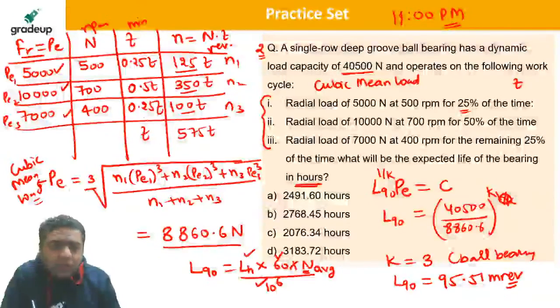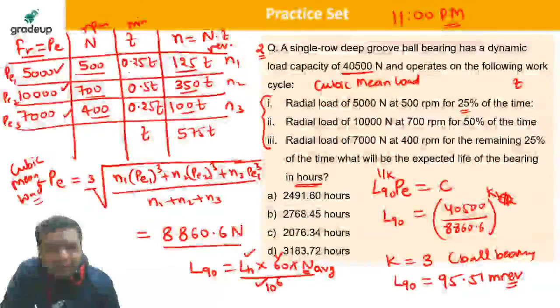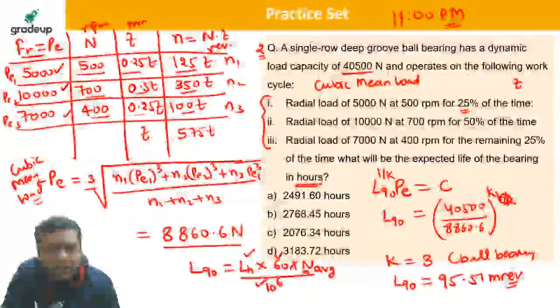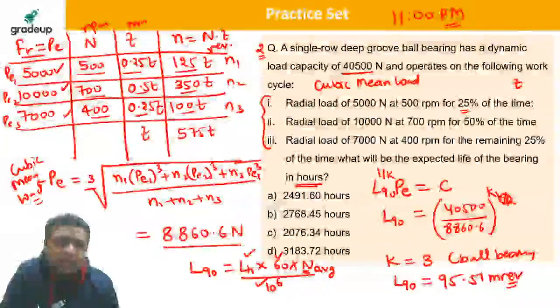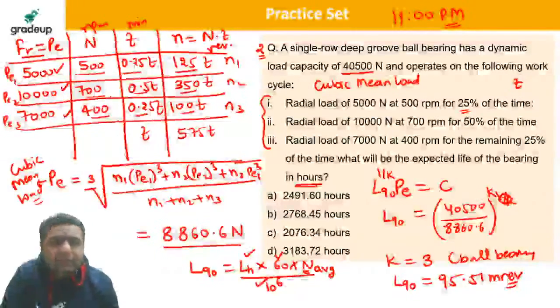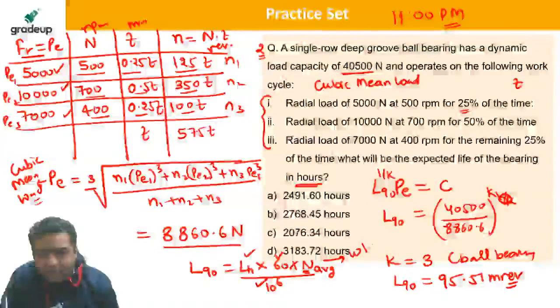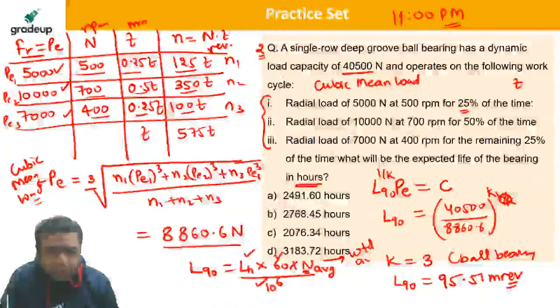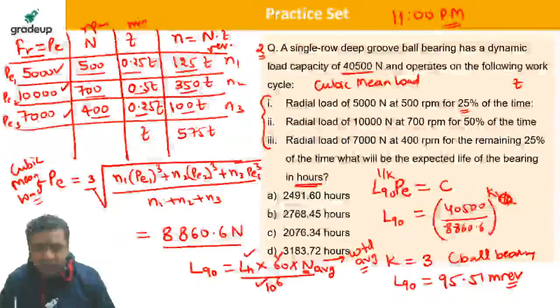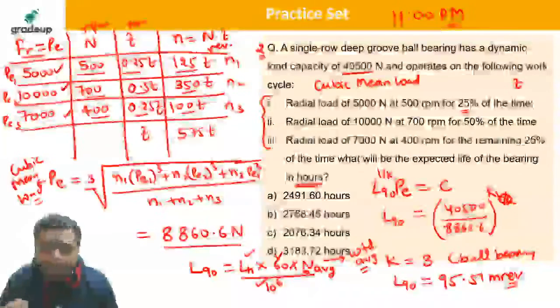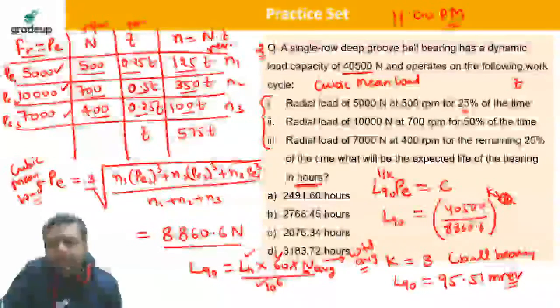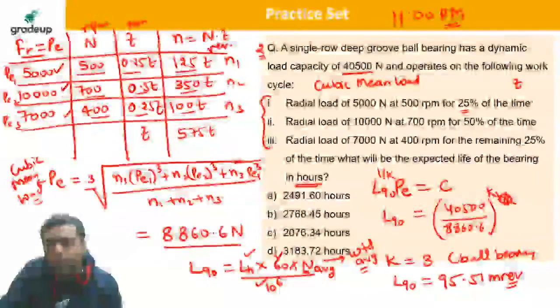But guys, when you talk about average, it is 500, 700, 400, but the time for all of them is different. Average can be taken if the time is the same. So we cannot take a mean or simple average here. This average will be a weighted average. If you have studied industrial engineering, you might know the meaning of weighted average. But if you still don't know, I am telling you. What will the weighted average be here?